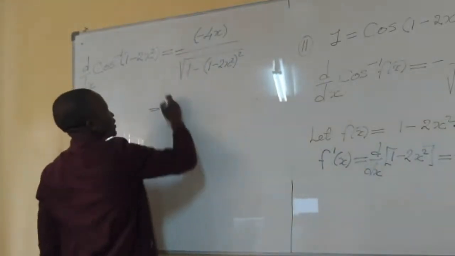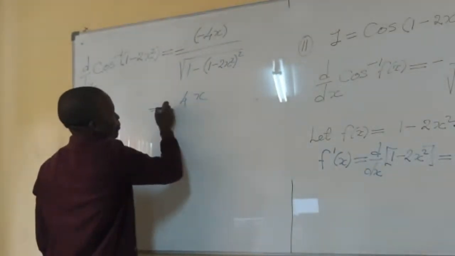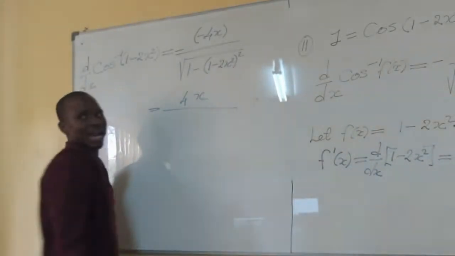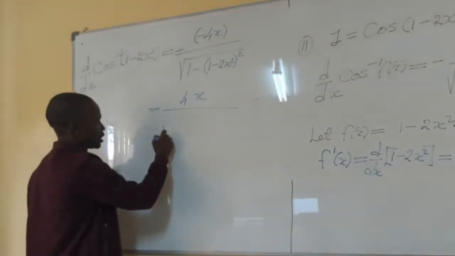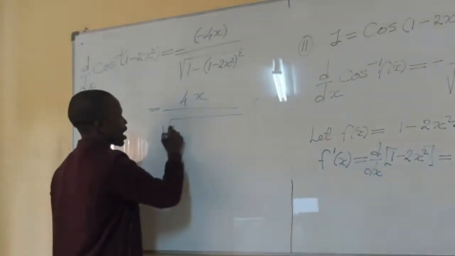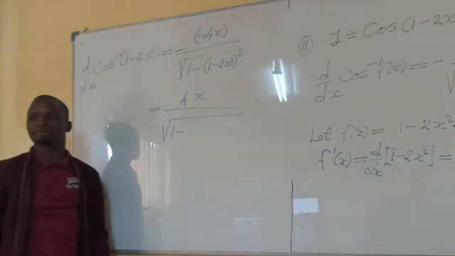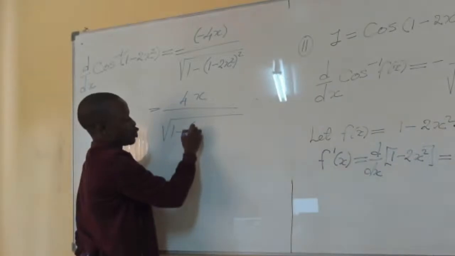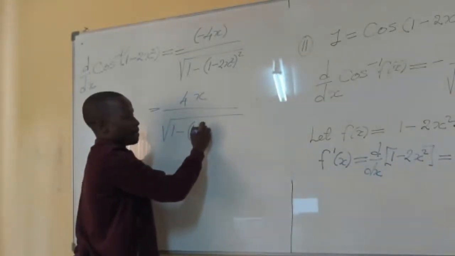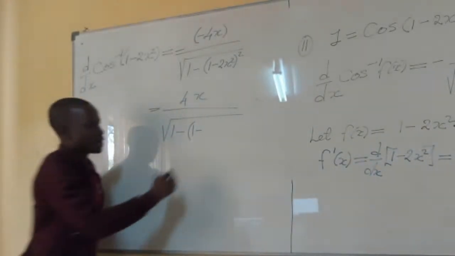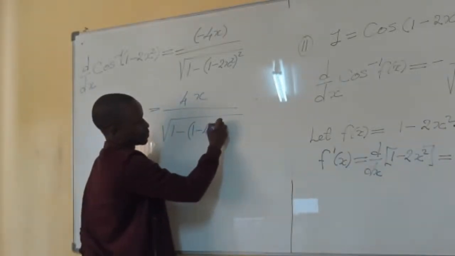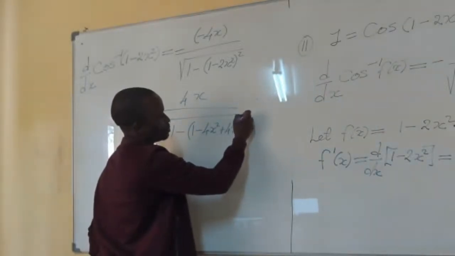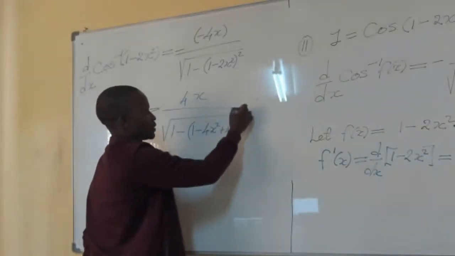Now, negative times negative is positive, so we have 4x. If we expand the square of 1 minus 2x squared, what we are going to get is the square root of 1 minus, then when we expand this, we are going to get 1 minus 4x squared plus 4x to the power 4.